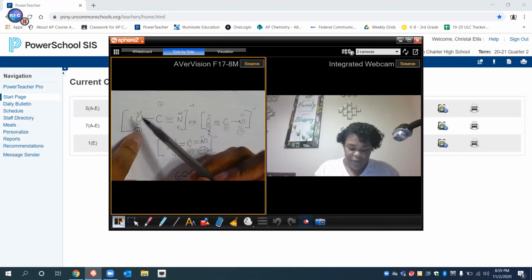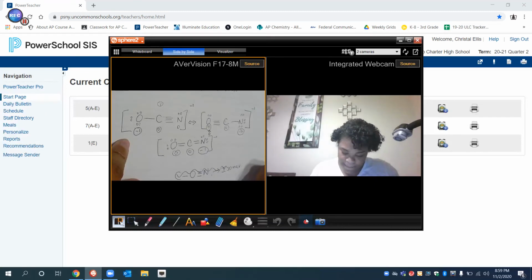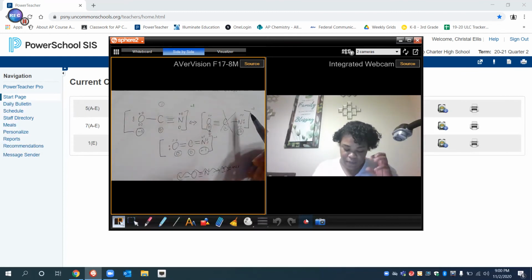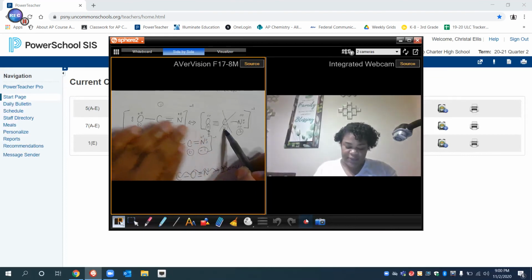Which one is the most stable? I would say it's definitely not this, because we have a +1, 0, and a -2. We want most of our formal charges to be as close to 0 as possible. We would not choose this one because we have +1, -2, and 0. We're looking for mainly zeros.